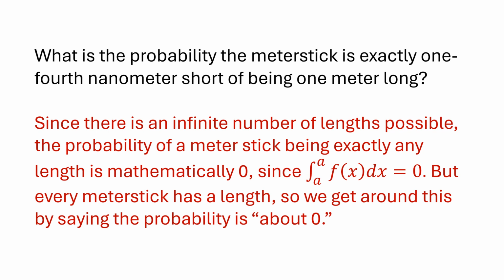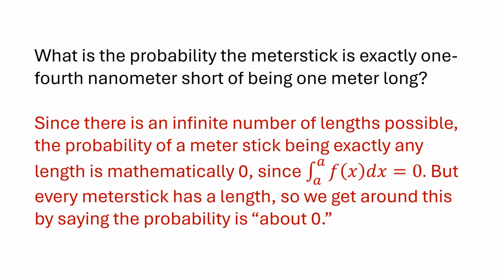So the probability is 0. And this actually comes from the fact that there's an infinite number of possible lengths, and for one of them to be exactly picked is 0.